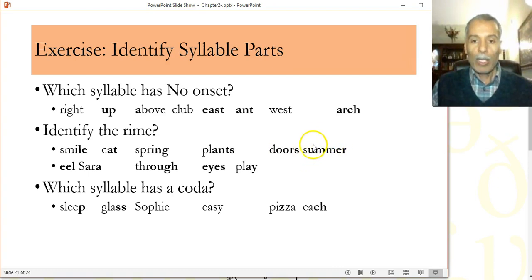Ignore the spelling, but you have one syllable, "sum," and S is the onset, and then the rest is the rhyme, which has the nucleus and the coda. And then the other syllable is just made out of one vowel. That sound is only a nucleus. It doesn't have a coda. It doesn't have an onset.